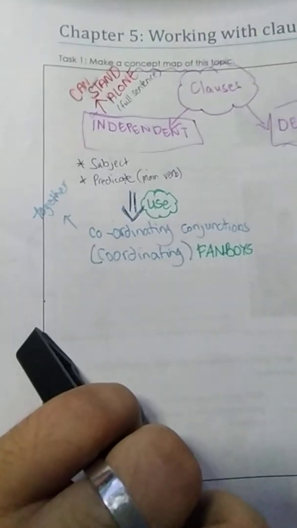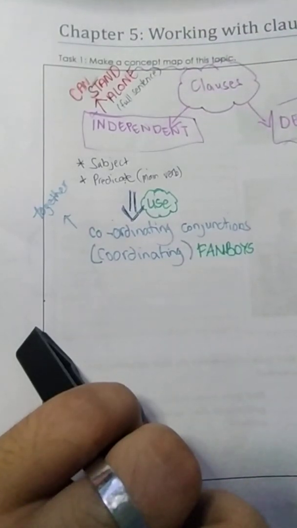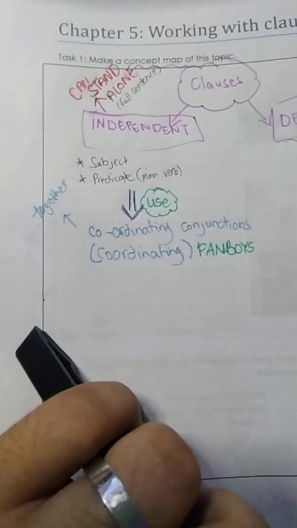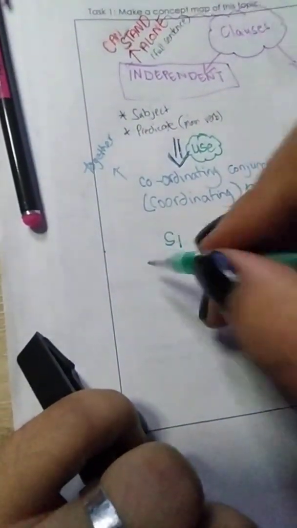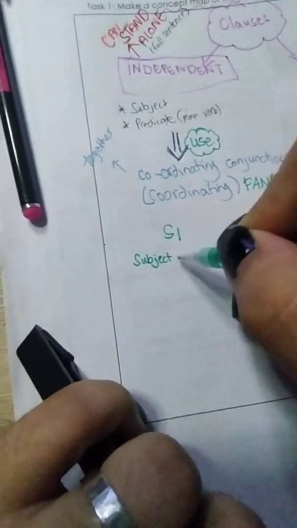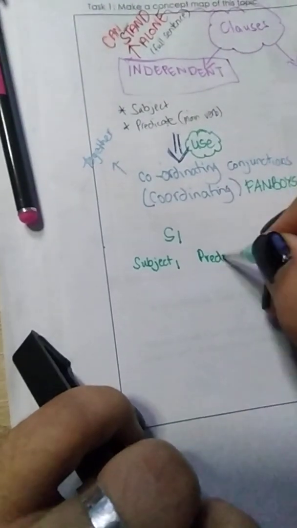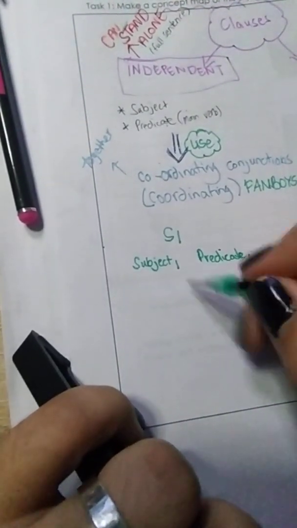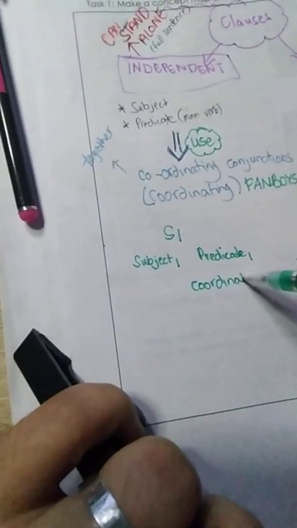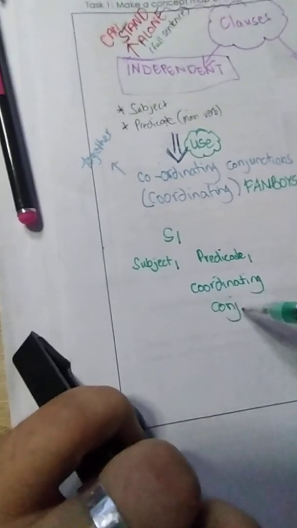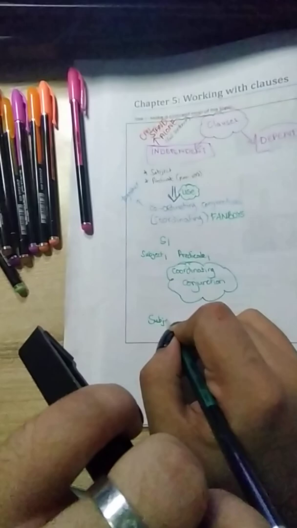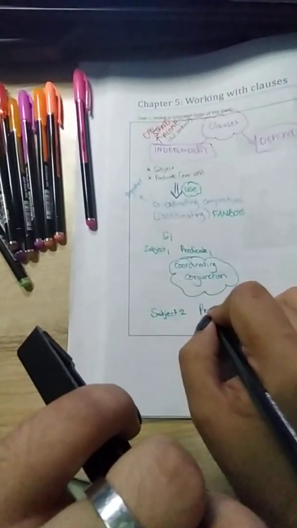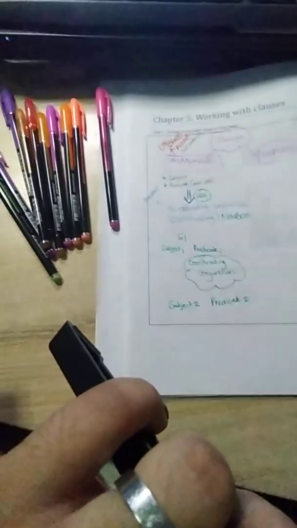Okay, so for the coordinating conjunctions, typically I'm going to have my sentence 1, with subject 1, predicate 1, then a coordinating conjunction, and then I'm going to have subject 2 and predicate number 2.